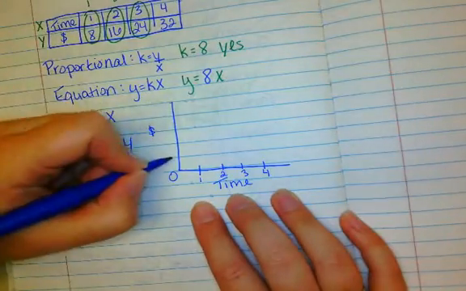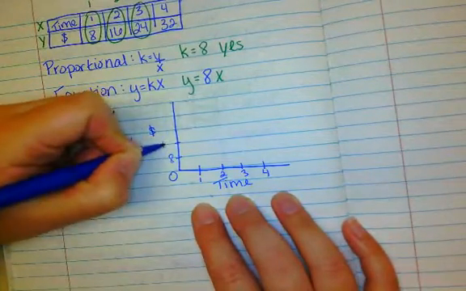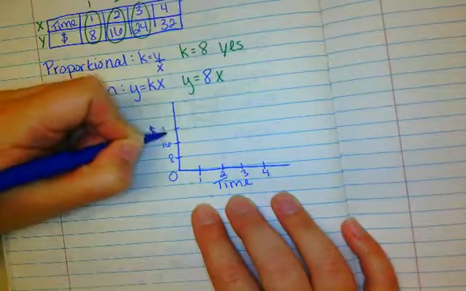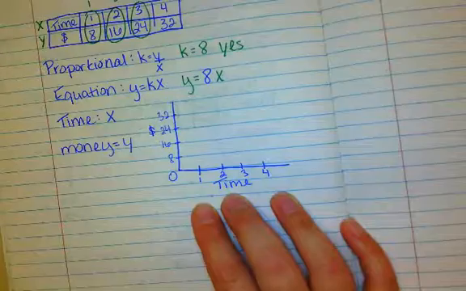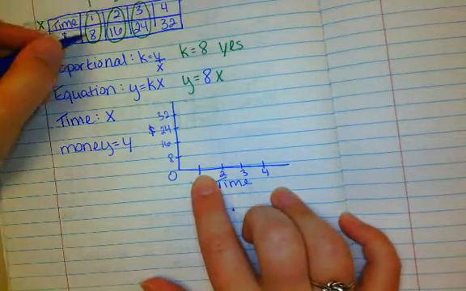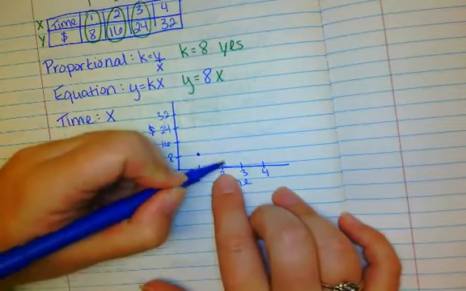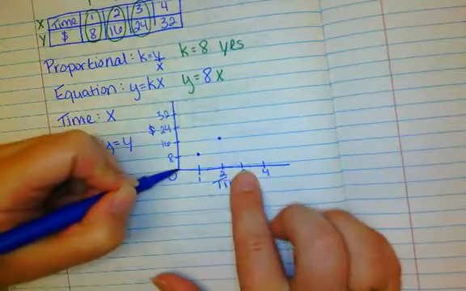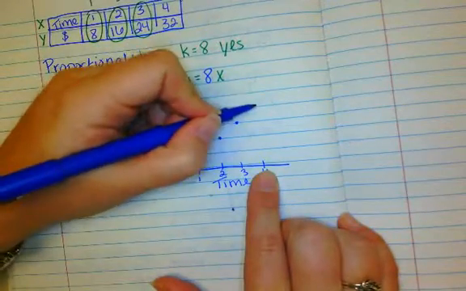I don't have 32 lines, but I bet you we could count by 8. So if we go 8, 16, 24, 32. That's as high as I need to go. Well, 1 is with 8, so 1 and 8, 2 and 16, 3 and 24, 4 and 32.